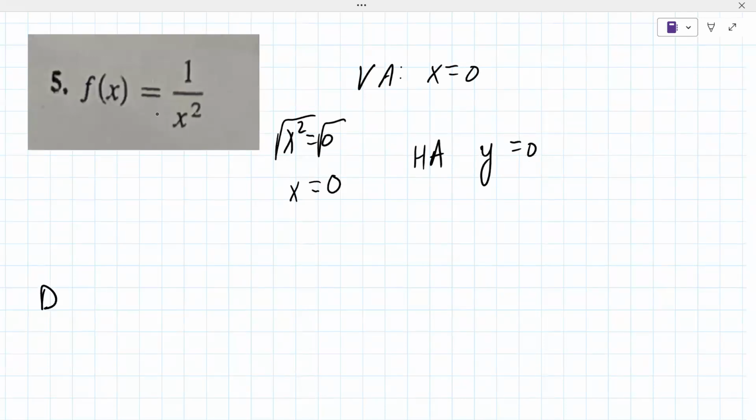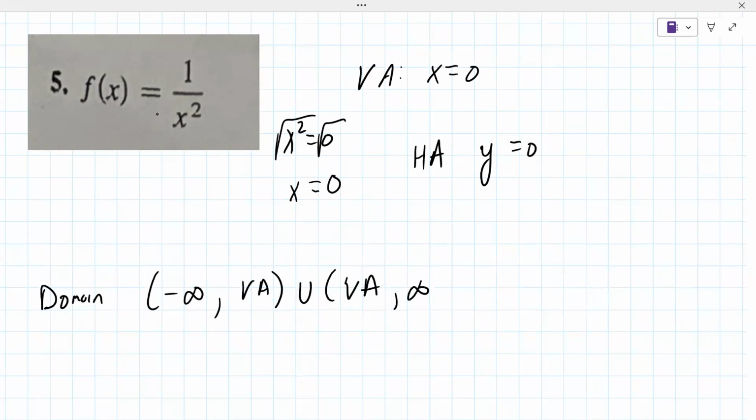Now the domain. The domain is broken up by the vertical asymptote. So it's always going to be minus infinity to the vertical asymptote union the vertical asymptote to infinity. What is your vertical asymptote in this problem? The vertical asymptote is 0, and for the horizontal asymptote, it's 0. Yeah, so you're at minus infinity comma 0 union 0 comma infinity.